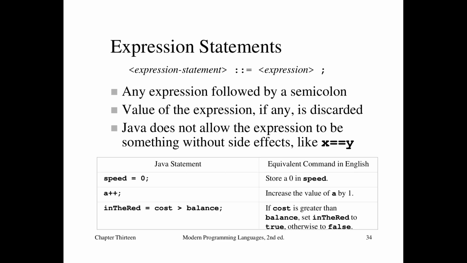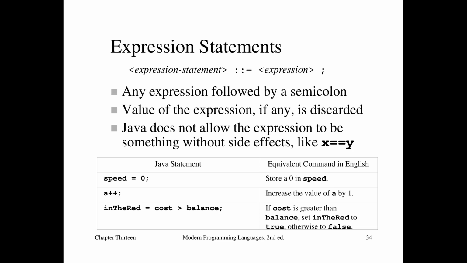So expression statements. The basic expression statement is an expression followed by a semicolon. Any expression followed by a semicolon is an expression statement, and the value of the statement is the value of the expression. The value of the expression, if any, is discarded.